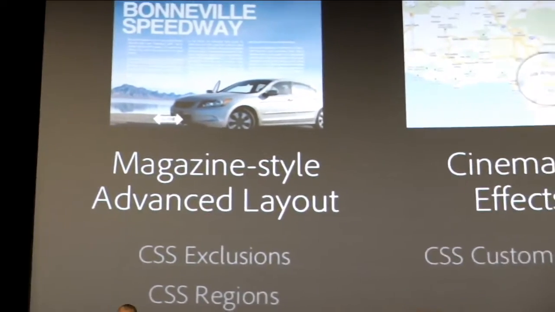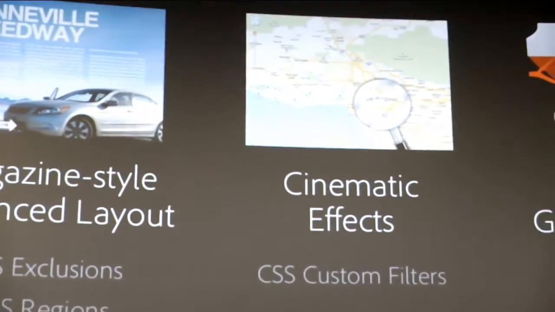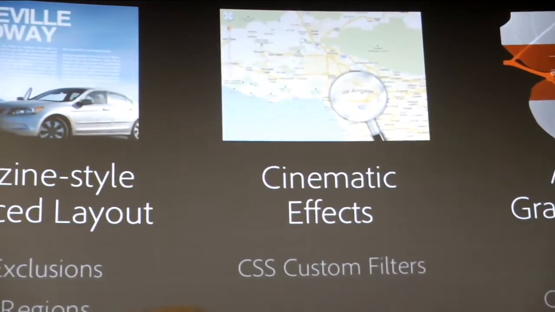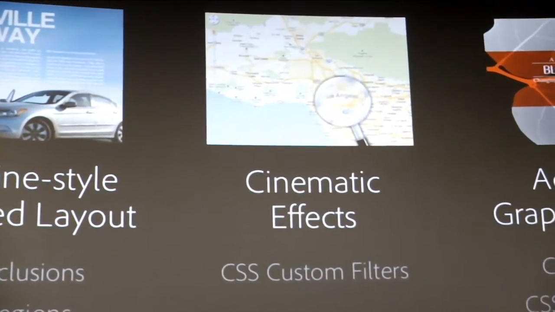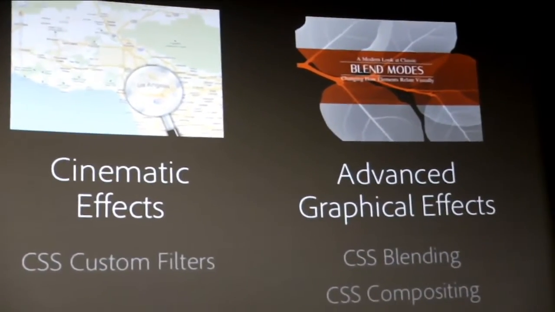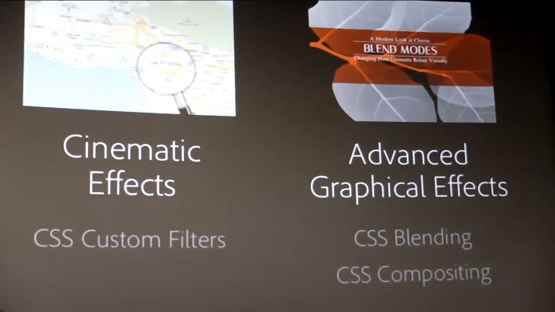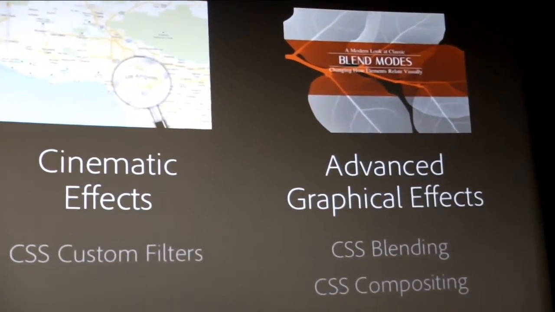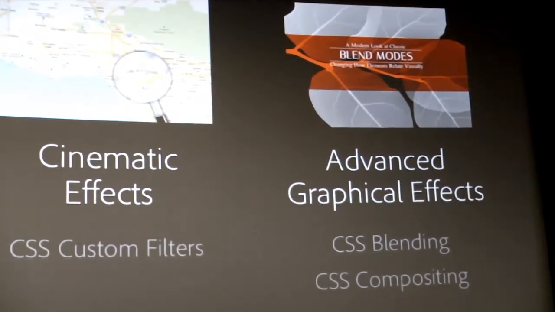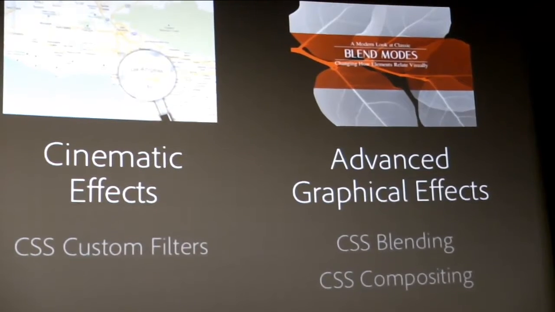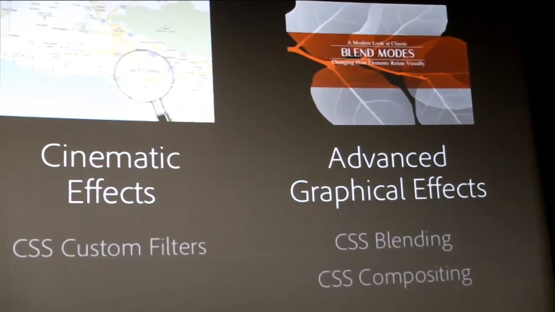The second area is cinematic effects, the ability to create really great visual effects at runtime, through work on CSS filters and CSS custom filters. And then advanced graphical effects. These are things you would normally have had to do at author time in maybe Photoshop or Fireworks, and this lets you do them at runtime in the browser, through initiatives such as CSS blending and CSS compositing.